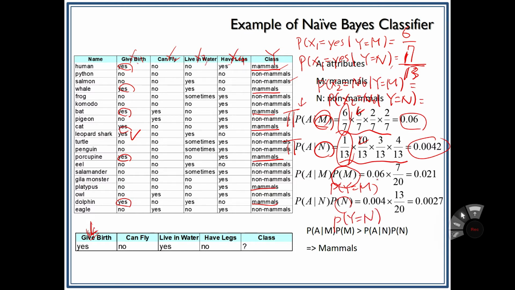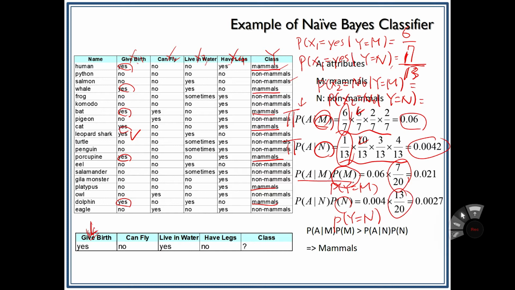That is estimated by simply counting the number of mammals among 20 observations and the number of non-mammals among 20 observations. They are given here and here.